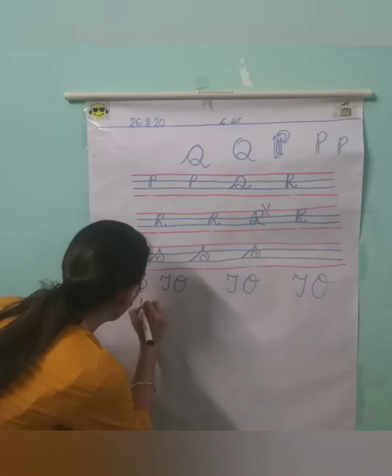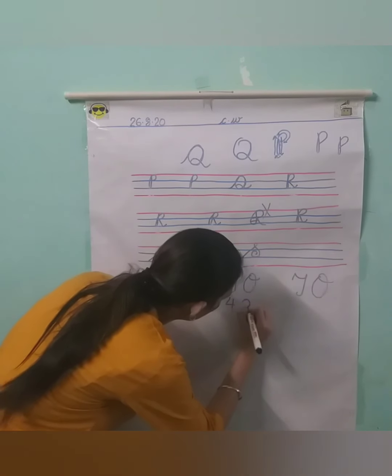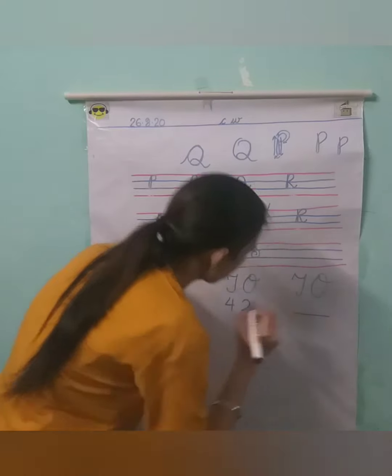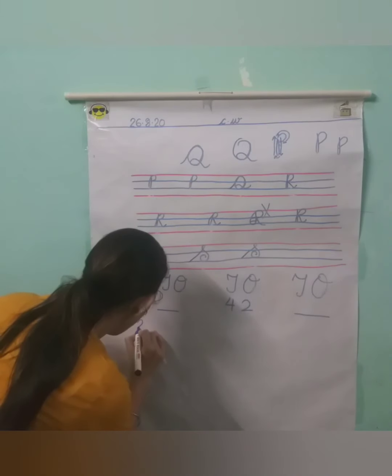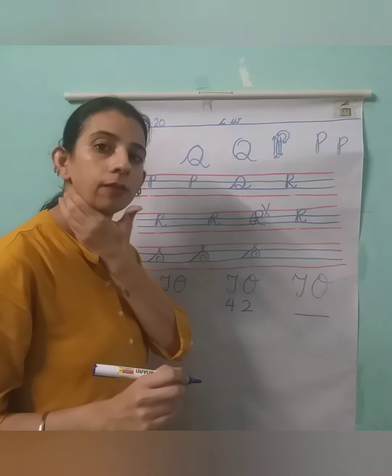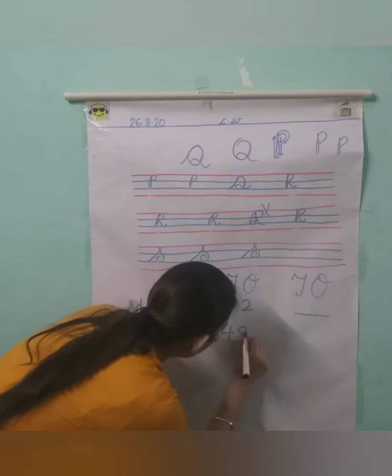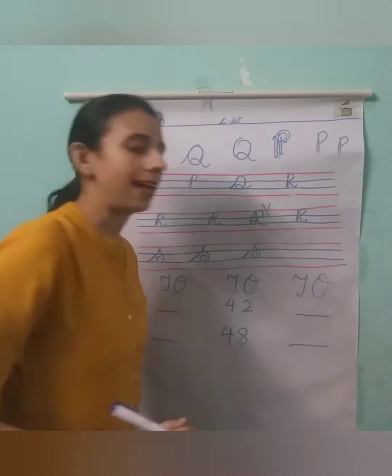Okay, so here number 1, put a dash, write 4, 2, 42 and dash. Okay, now number 2, dash. Which number do you want now? Let's do 4, 8, 48 and dash.